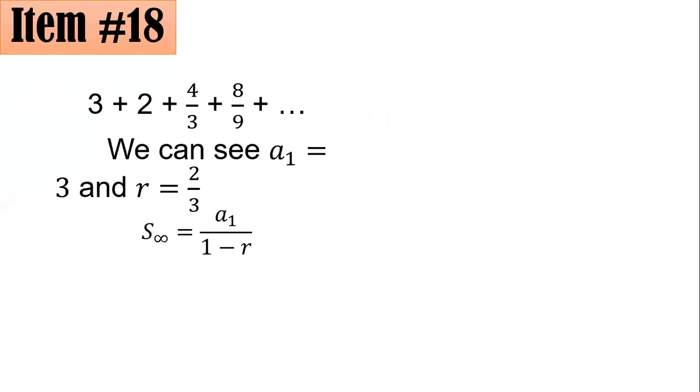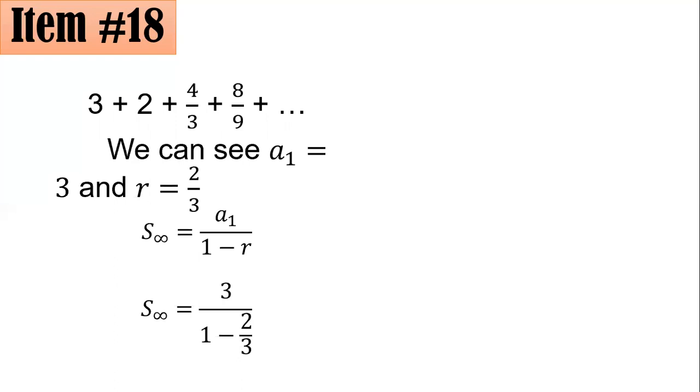The formula here is S sub infinity, or the sum of the infinite number of terms, equals the first term A sub 1 all over 1 minus R. So from here, by substitution, you will have S sub infinity equals 3 all over 1 minus 2/3.